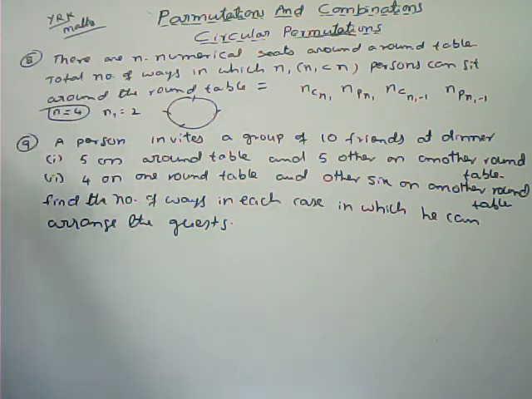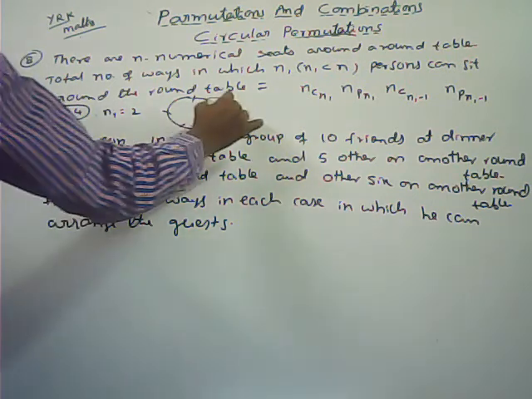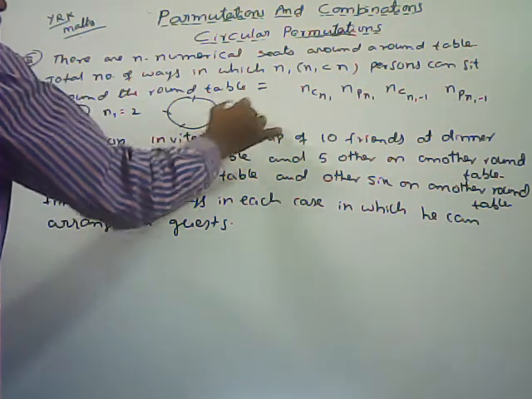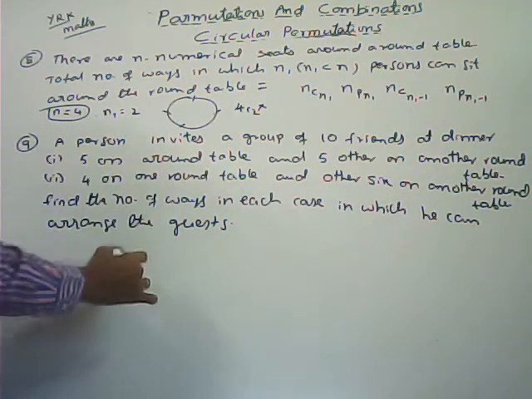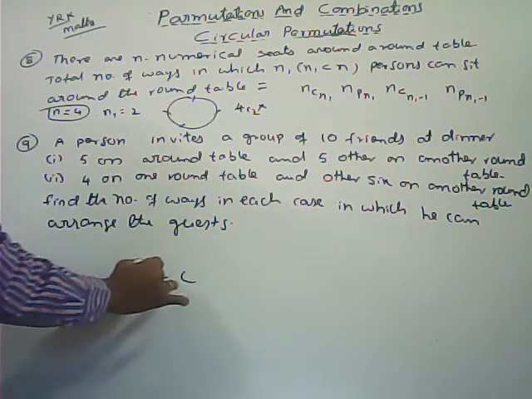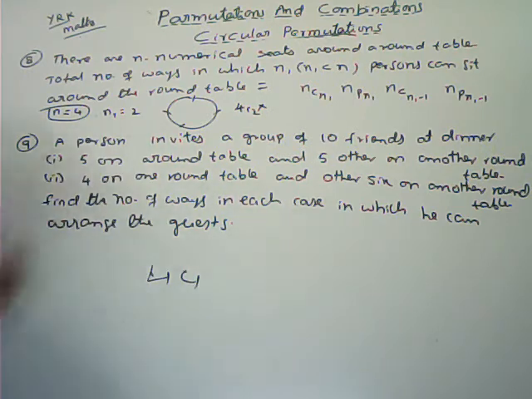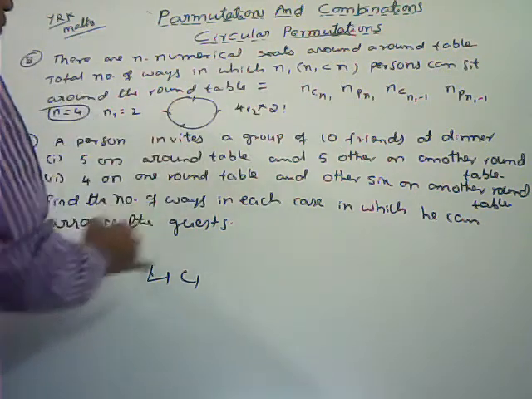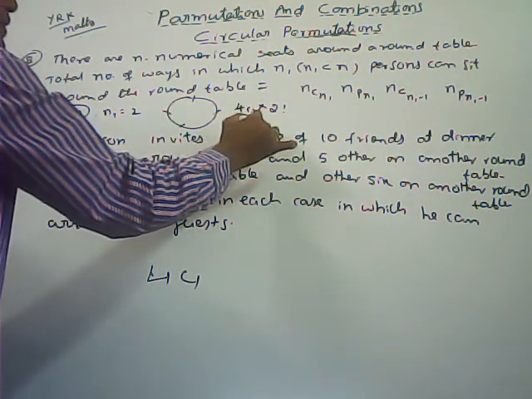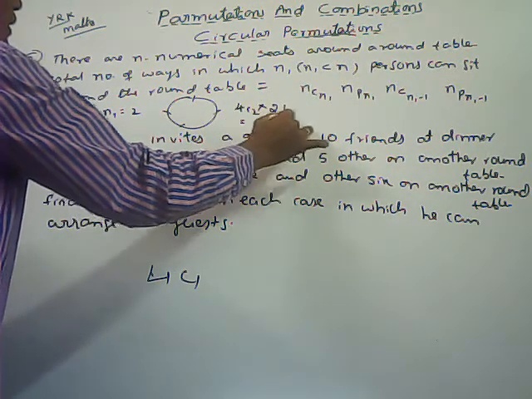How many ways can we select 2 seats? That is 4C2. Here we selected 2 seats. In those 2 seats we can arrange the 2 persons in 2 factorial ways. That is equal to 4C2, that is 6, into 2, that is equal to 12.